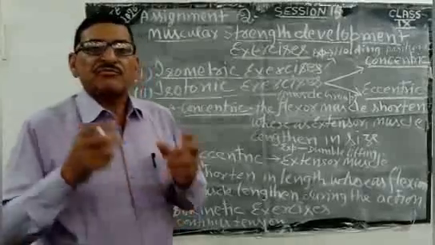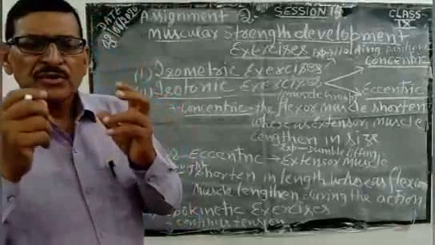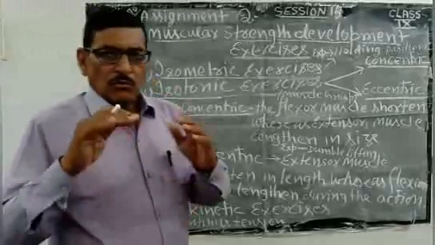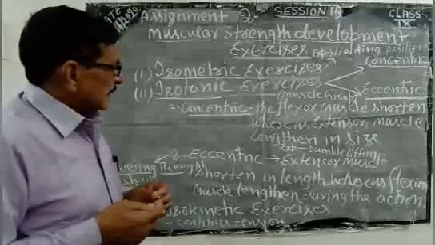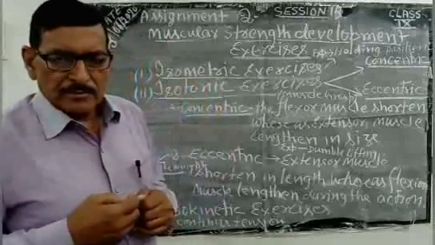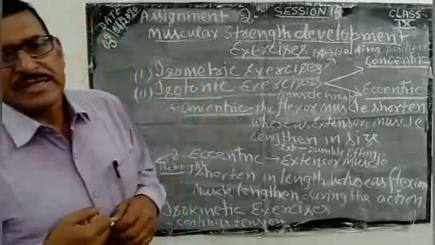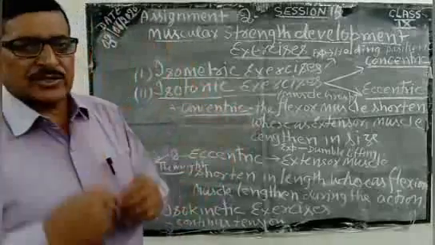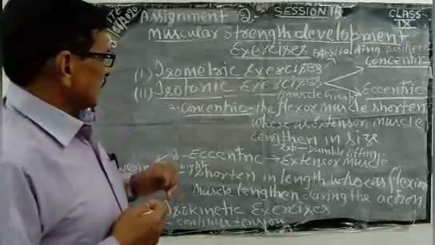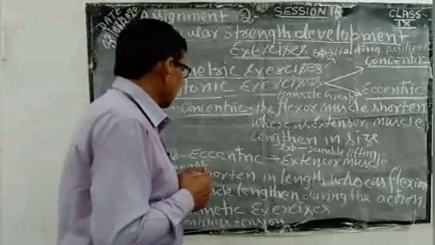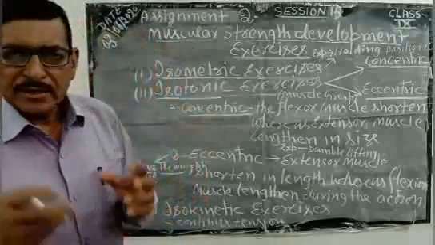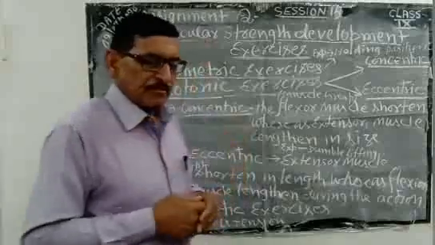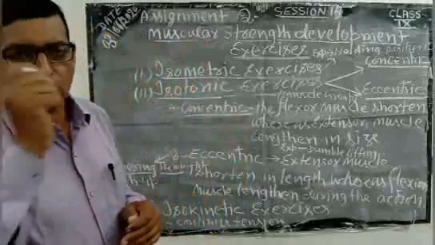That means the flexor muscle contracts, whereas the extension muscle lengthens. That means extension muscle relax. The best example of concentric exercise, that will be dumbbell lifting and ball throwing.